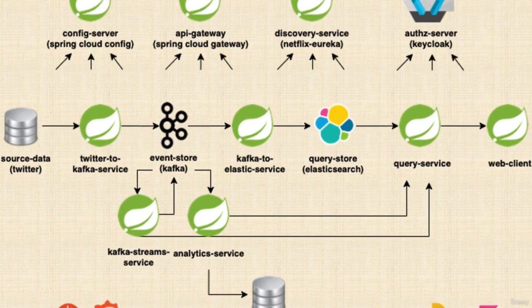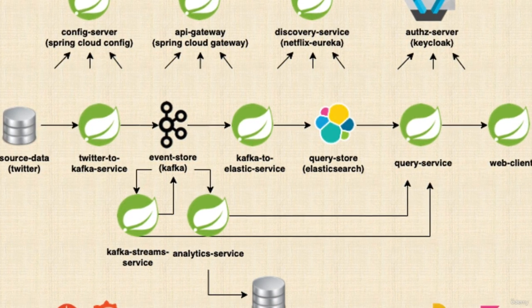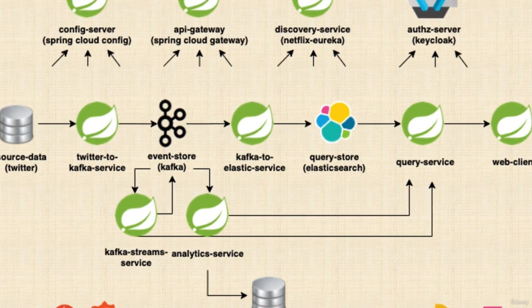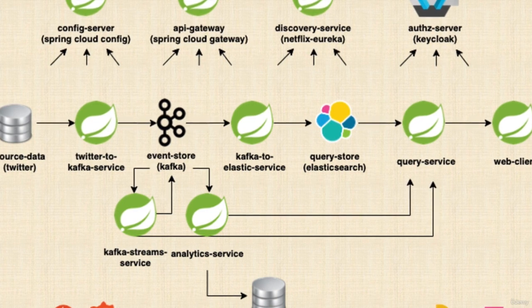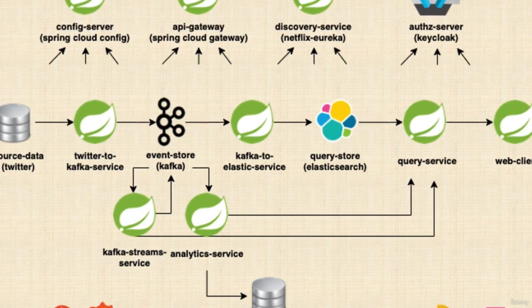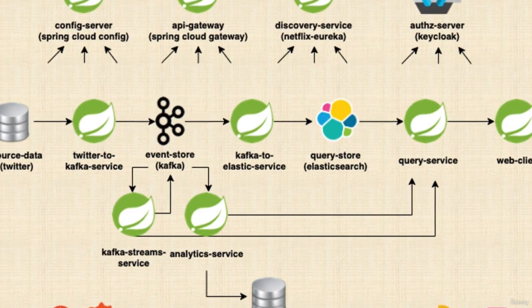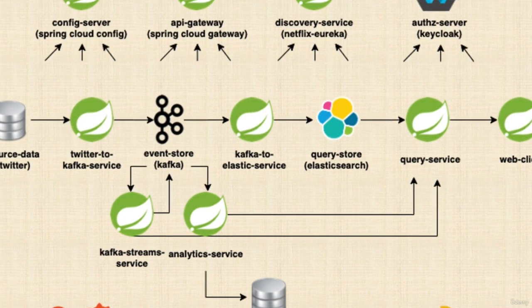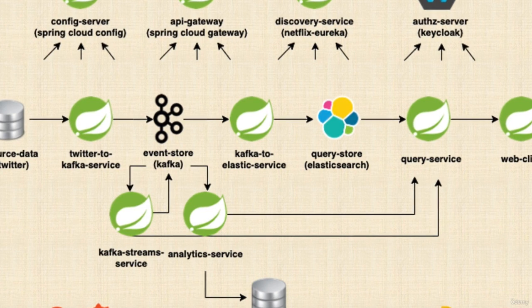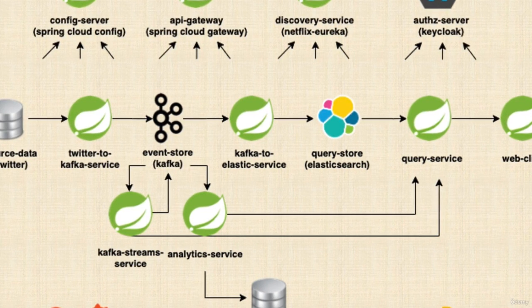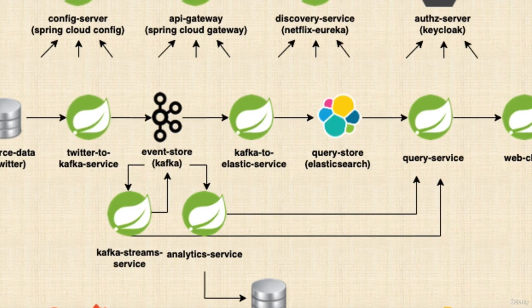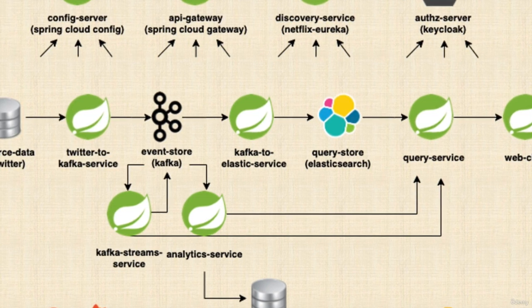In the Elastic Query Service on lecture 44, we will have a query component that will read the data from Elasticsearch. That data is actually the data in the Kafka topic that is populated with events here in the Twitter to Kafka service. But instead of reading the data directly from the Kafka topic, we will use the data on Elasticsearch that is populated by the Kafka to Elastic service.